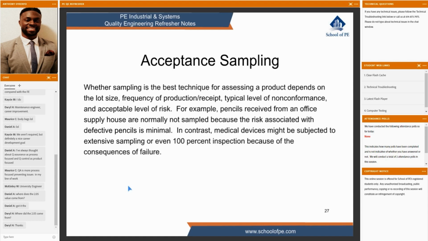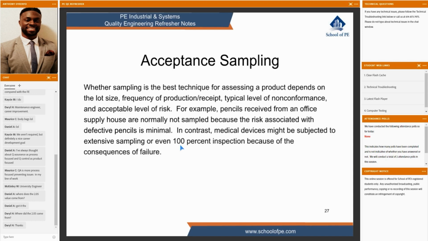All right. Let's look at some of this stuff. So whether sampling is the best technique for assessing a product is going to depend on things that I mentioned, right? So the lot size, how often you receive this or how often you produce it if you are a seller or manufacturer, your typical level of non-conformance, as well as whatever is an acceptable level of risk that has been established.